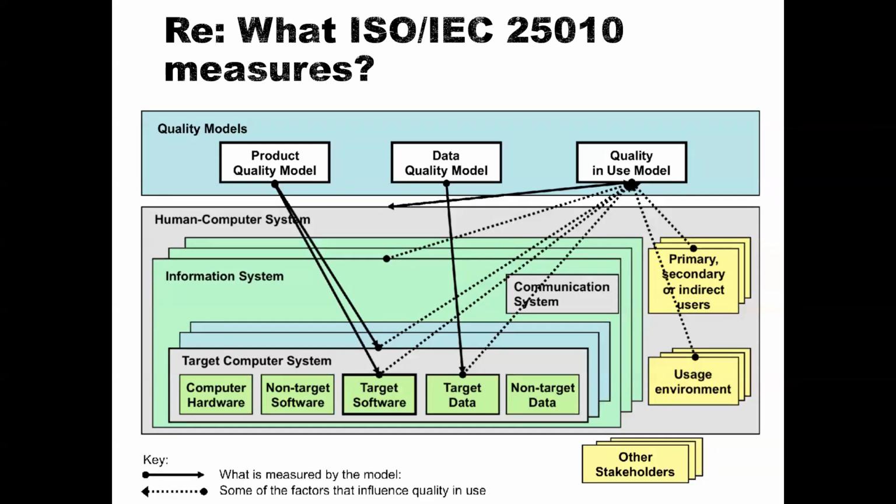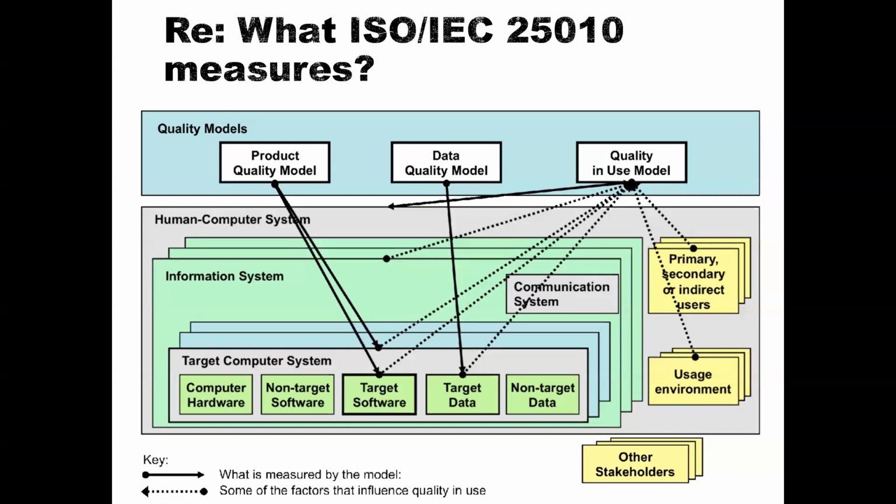So in the last class, I talked about this ISO IEC 25010 model. And if you remember, this model talks about how you can measure a target computer system. We talked about 3 different models, and we saw 2 models in detail. One was the product quality model, which had 8 characteristics, like security, usability, portability, and so on.